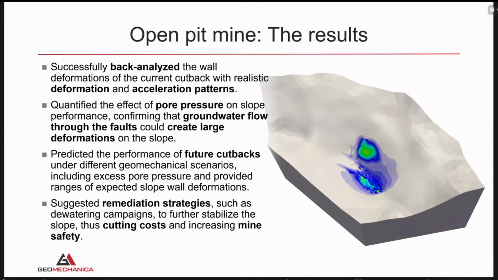And there were some cases that with a half an MPa excess pore pressure, you could see displacements of over 10 meters in some areas of the walls. With these, we were able to suggest remediation strategies such as a dewatering campaign to further stabilize the slope, thus cutting the costs and increasing mine safety.